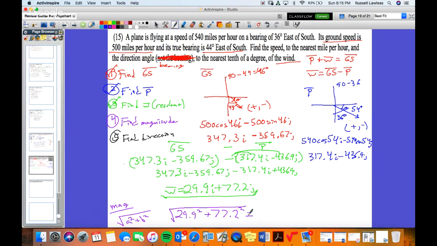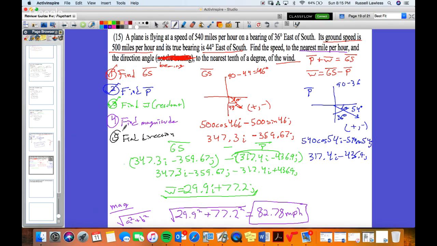I am fine with the non-exact answer for this. That'll give us 82.78 for our magnitude, to the nearest mile per hour.